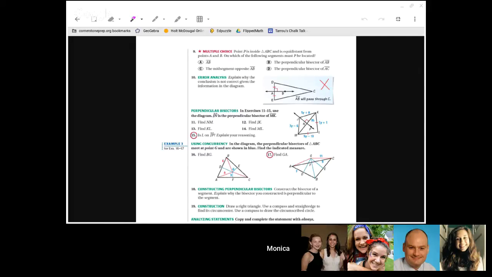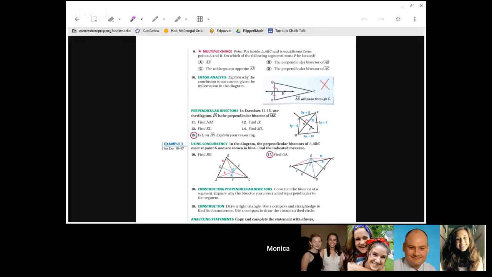Okay, I finally got it pulled up, Megan. So if we look at number 10, we're supposed to explain why the conclusion of this problem is not correct given the information in the diagram. The conclusion is that AB will pass through point C. So the assumption there is that point C is on this line with AB.